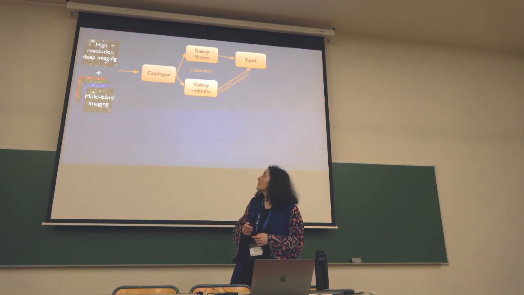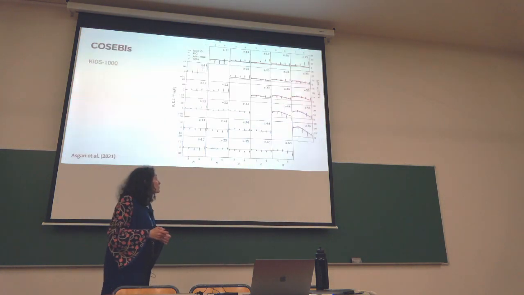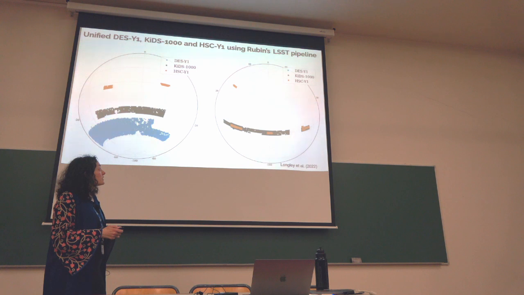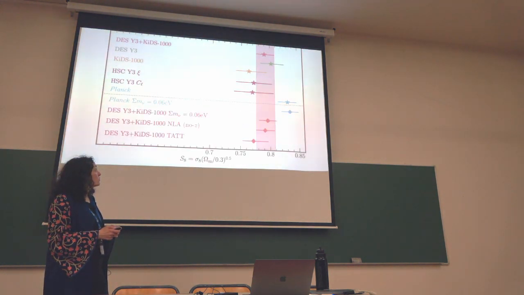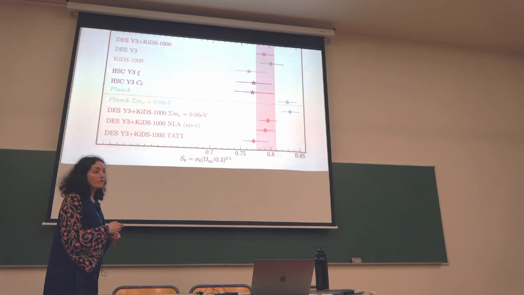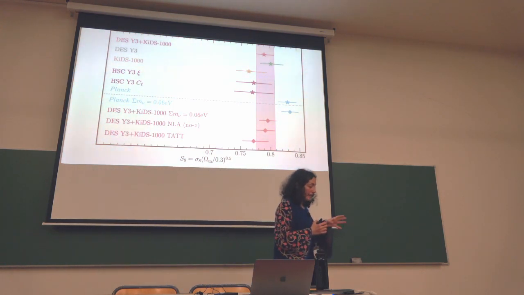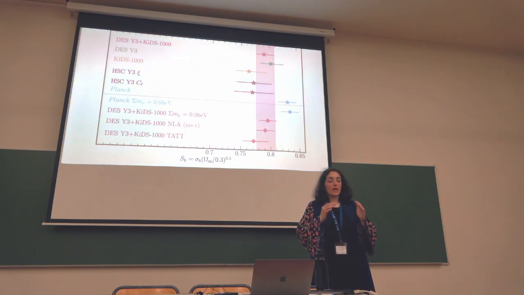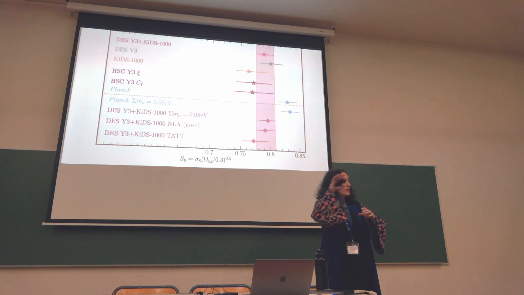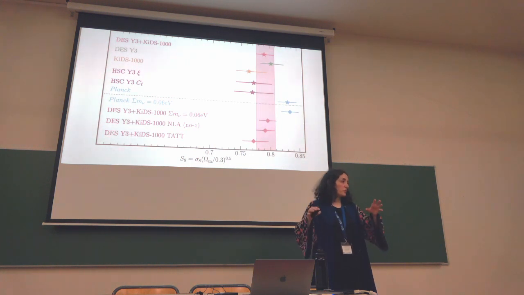Let me go back to the result just so everyone knows what we're talking about. So basically they're asking about the tidal alignment, tidal torquing model and why you get a smaller value here. The difference between NLA and TATT is that with NLA you assume that the shape of the signal is constant and that comes from your matter power spectrum.